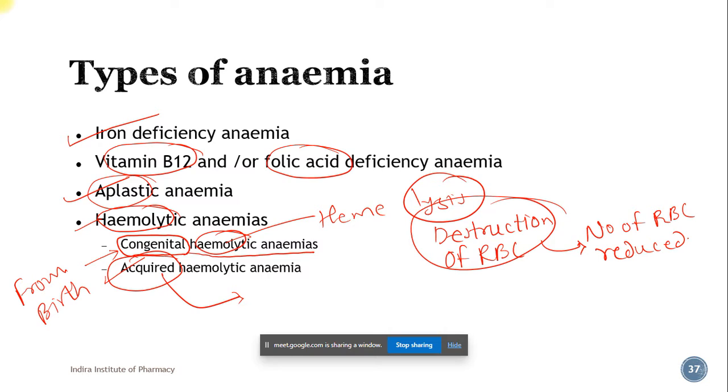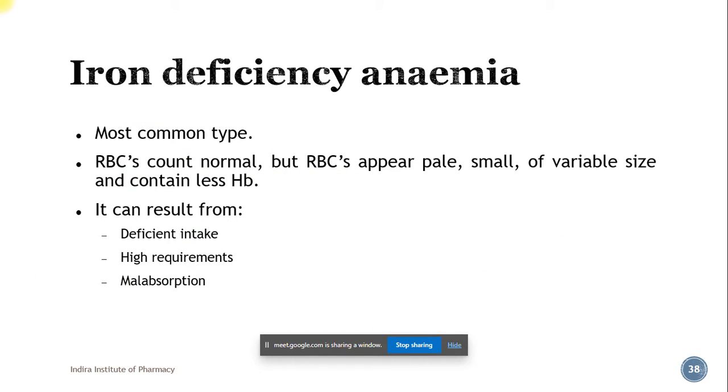It is not internal causing the destruction of RBCs; it is some external reason causing the hemolysis. Okay, so let's see what iron deficiency anemia is. It is the most common type.